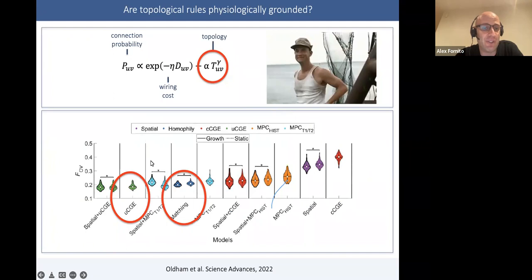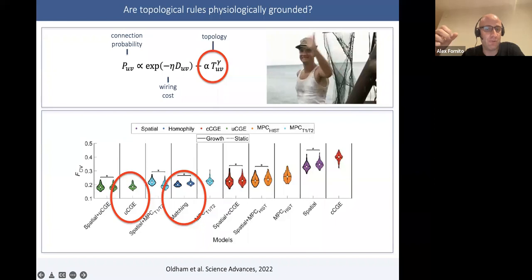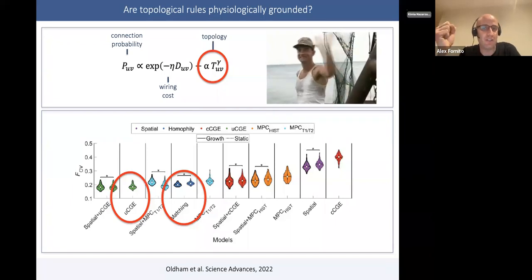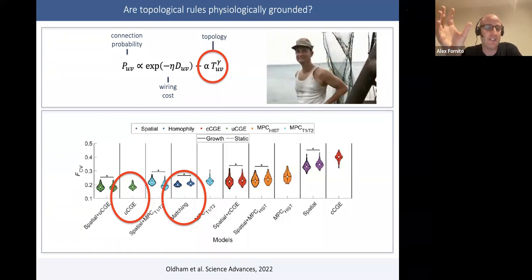It suggests that this really simple single parameter model offers a parsimonious account of the data, and that incorporating these kinds of physiological constraints, or at least physiological forms of homophily, allows us to do away with these more abstract topological rules. Now, that's not to say that the idea of a cost-value trade-off in shaping brain network organization is invalid, because it is certainly possible that that is encoded in some way in the gene expression data.